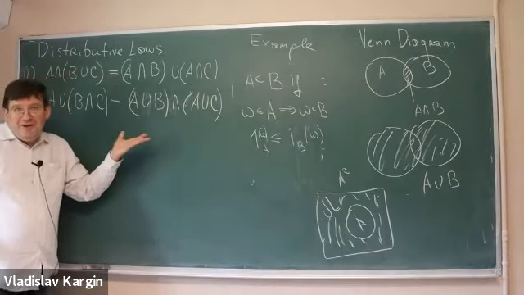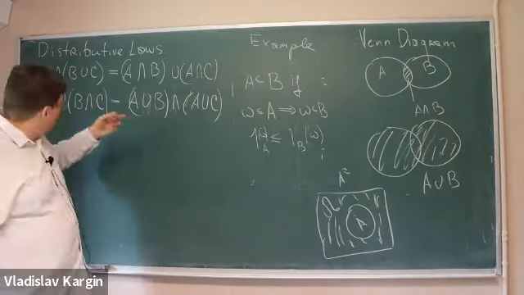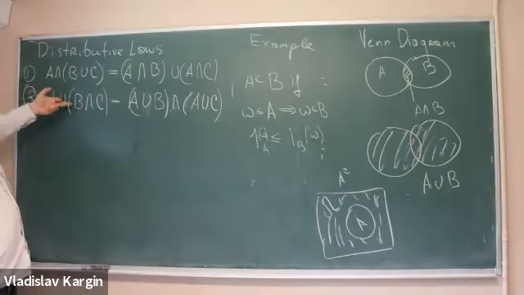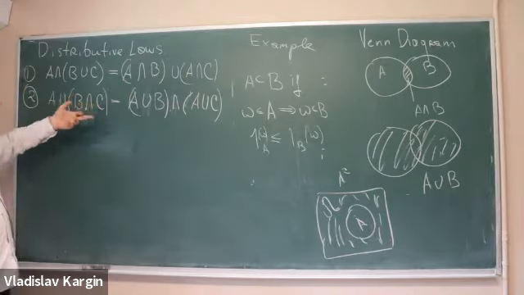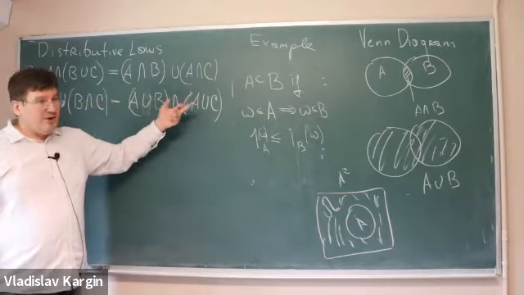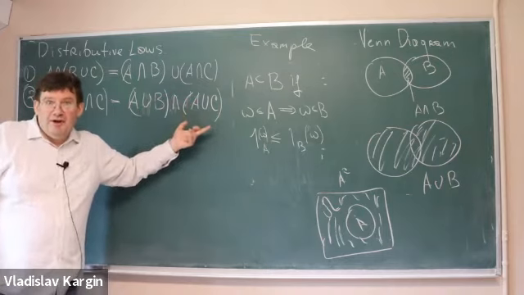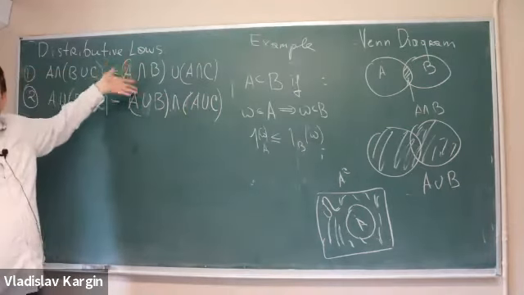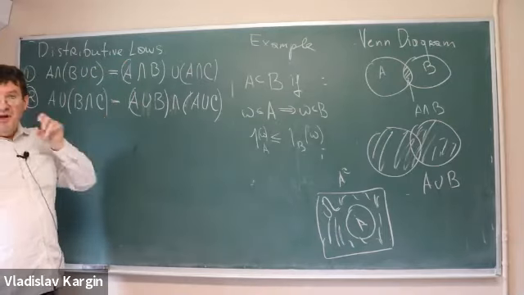There is nothing like that in regular arithmetic. Think of this as multiplication: that would become A plus B multiplied by C equals A plus B multiplied by A plus C, which is not true in regular arithmetic. And so here these two operations satisfy two distributive laws.